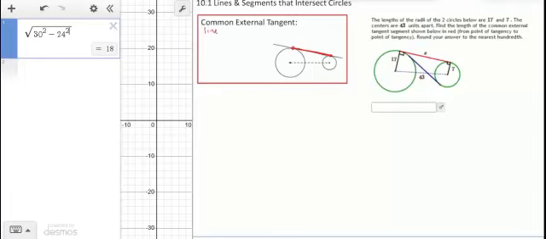So a common external tangent is the line or segment that's tangent to two circles, but this time it does not pass through the imaginary line joining the centers.